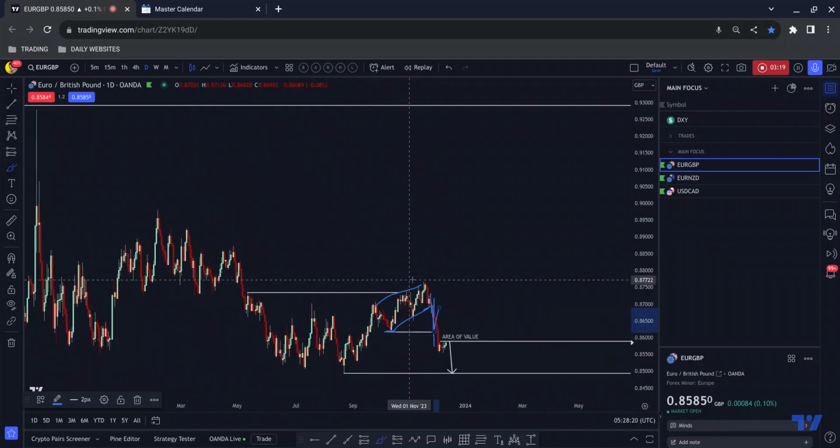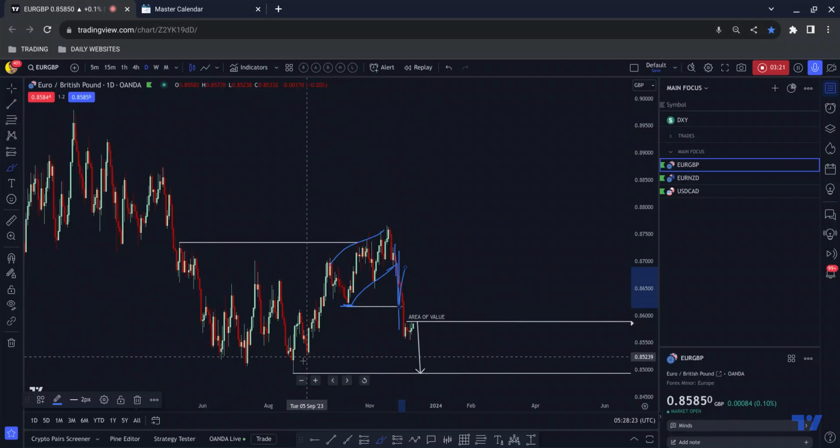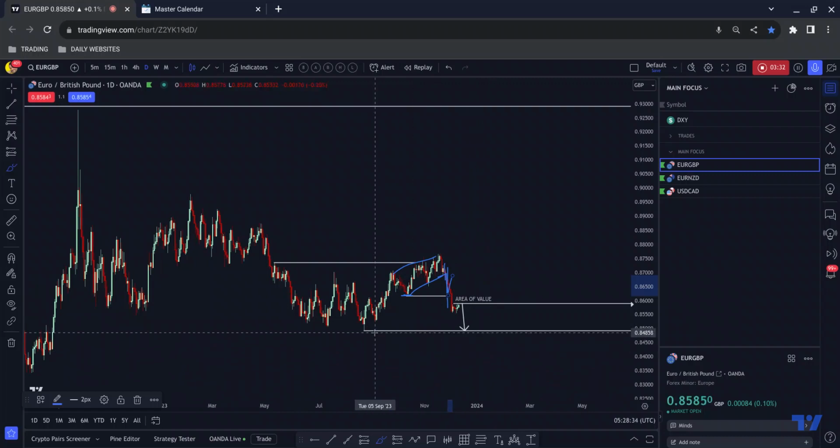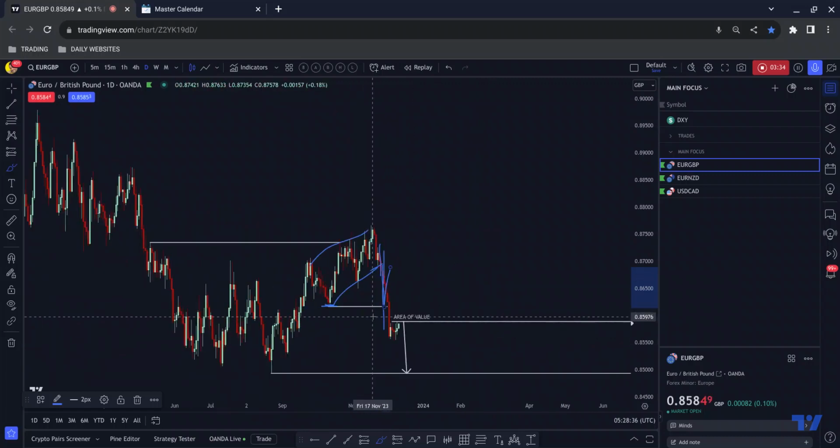Okay, these sellers were holding their positions potentially for a move down to here because they believe that this represents a high area of value to be getting out of their positions. Okay, and potentially buyers stepping in, or a larger correction forming down here.